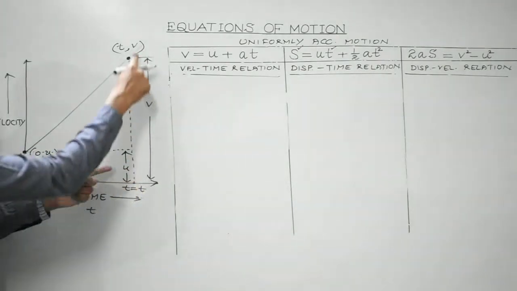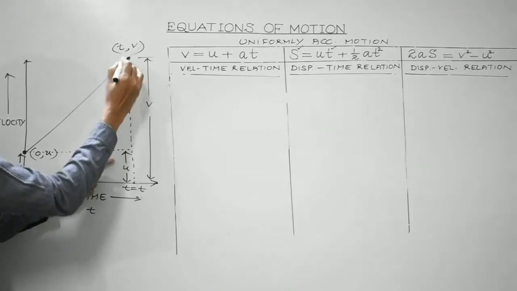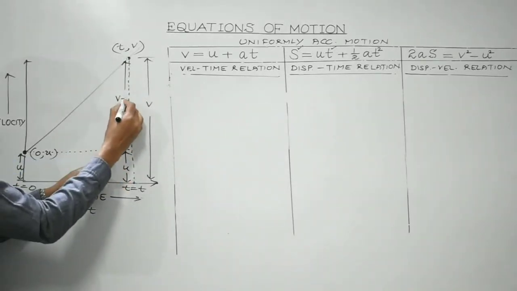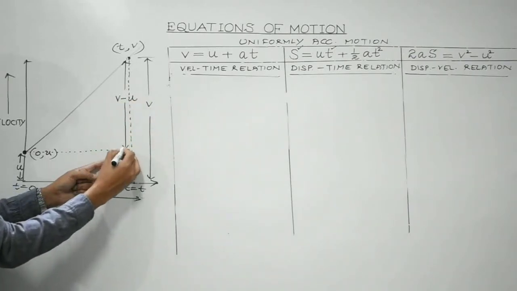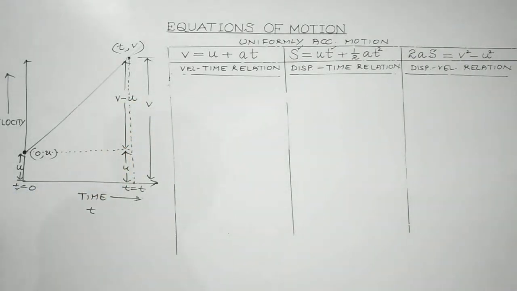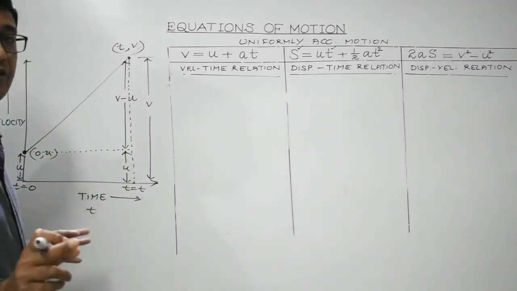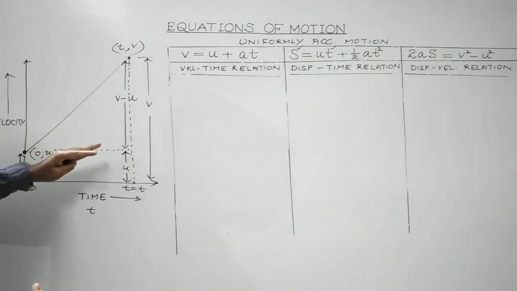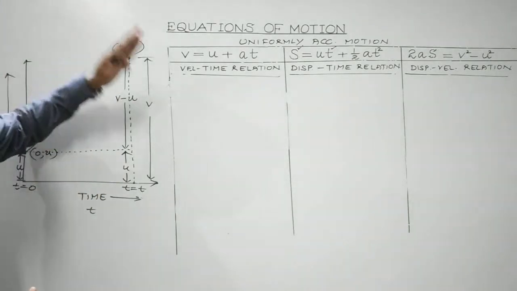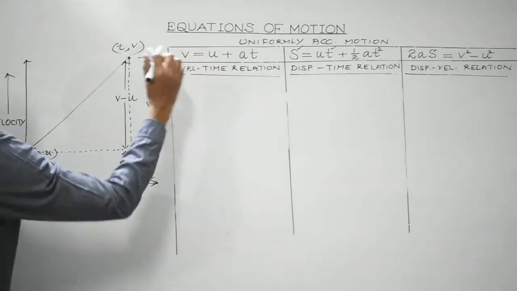So out of v, this is u, so the remaining distance would be v minus u. I think the diagram should be pretty clear. This is the velocity time graph of a body having uniformly accelerated motion. Again I repeat, the VT graph is a straight line inclined towards the time axis.